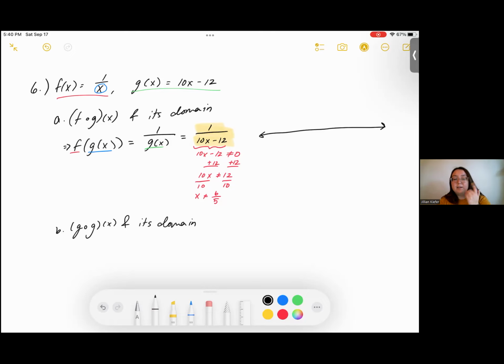We can help ourselves by drawing out a number line going from negative infinity to infinity. And our number here in the middle is 6 over 5. And we're saying that x cannot be 6 over 5, so we're going to have a big circle there. We have a circular point. And our function exists anywhere else.